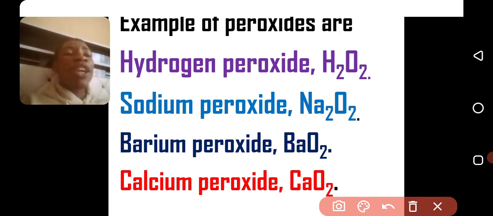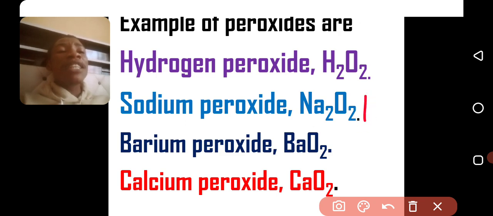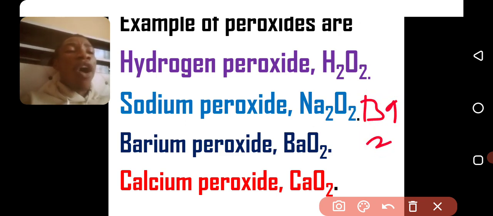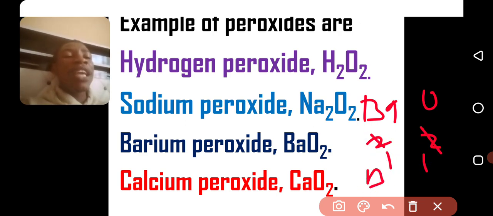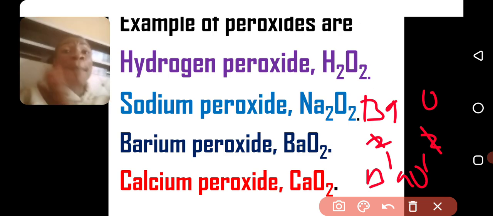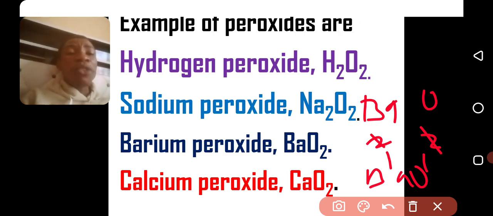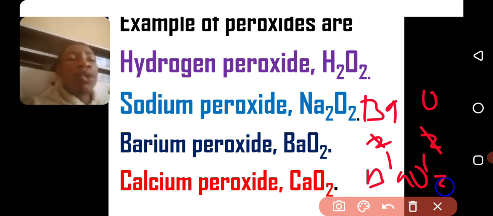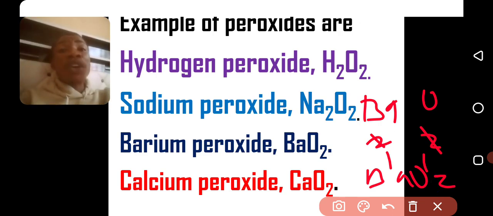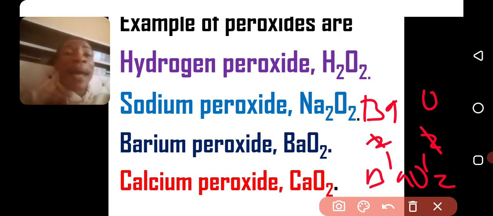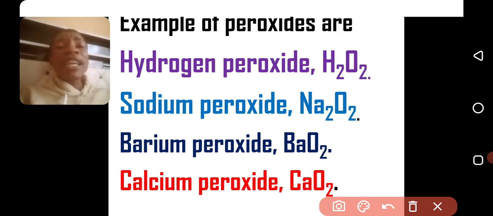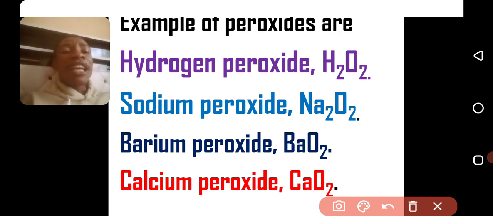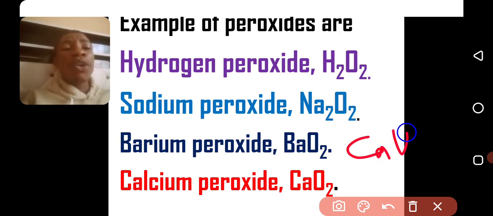In the case of barium oxide, barium has a valency of 2, oxygen a valency of 2. So it should have been 2 cancels to 1, 1. It should have been ordinary BaO as a normal barium oxide. But if you look at it now, it's BaO2. That means it's having one oxygen more than a normal oxide. So it becomes barium peroxide. In the case of calcium peroxide, it's supposed to be calcium oxide, CaO.